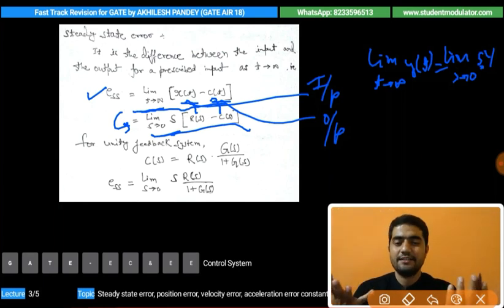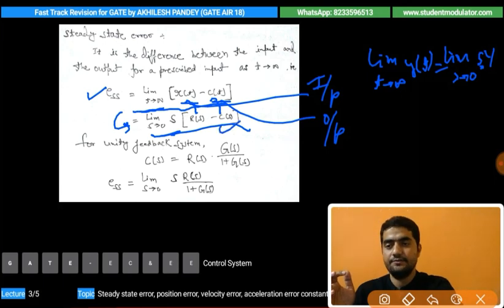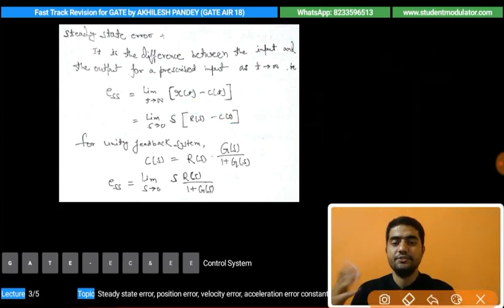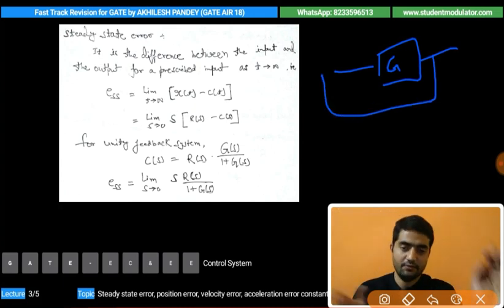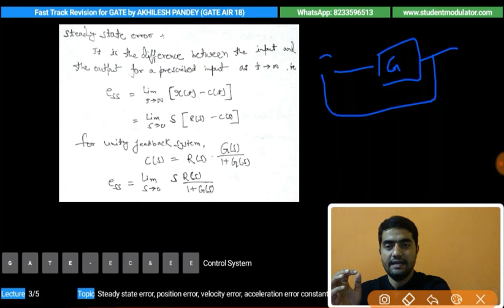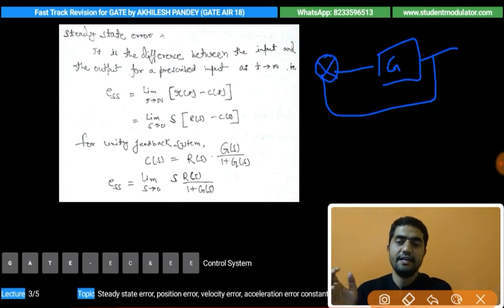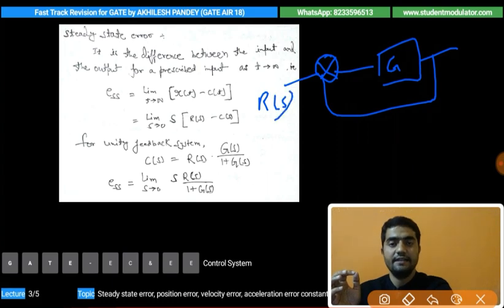Now we define the transfer function of any system in Laplace transform, so this formula is more important than the above one, and let's see how we can find the steady state error for a unity feedback system. Suppose we have a unity negative feedback system like this. We have a forward gain G and there is unity feedback, means the feedback value is 1, and there is a junction at the input side, and here the input is applied, that is R(s) as reference input, and we have the controlled output, that is C(s).